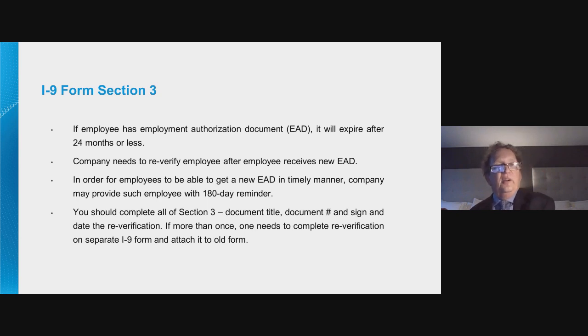Then you need to re-verify that and get the new EAD before the original EAD expires. Again, we do have some of those extensions that are allowed, but it's best to try to get that information recorded onto Section 3 of the I-9.